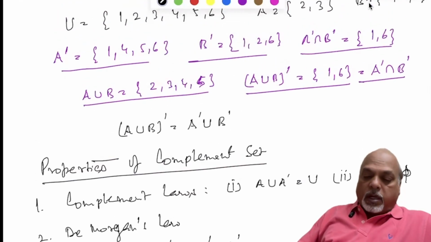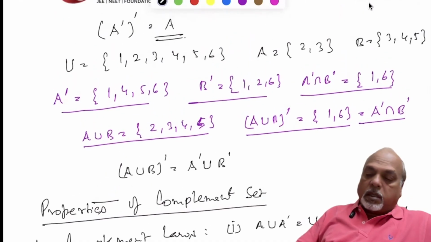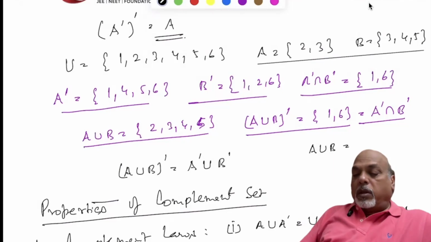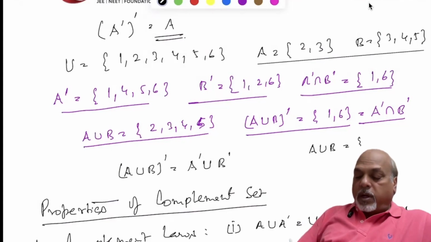We can find out here what is A intersection B. In A intersection B, there is only one element common, correct?